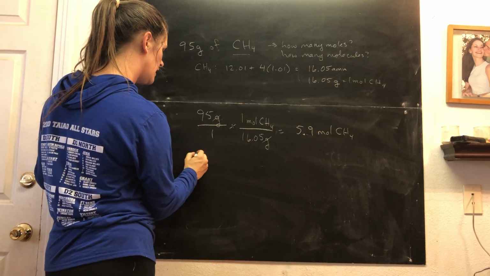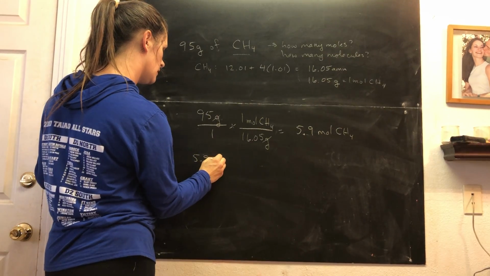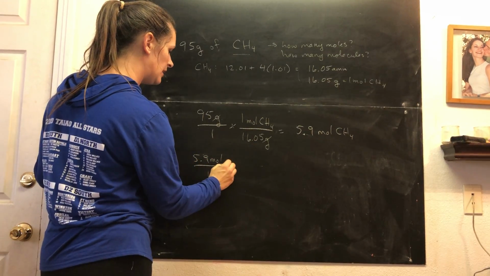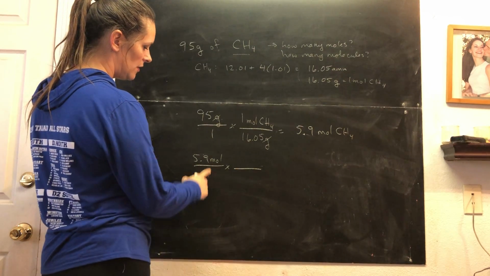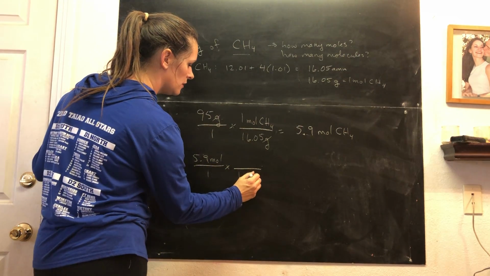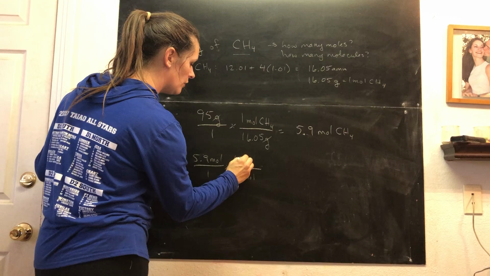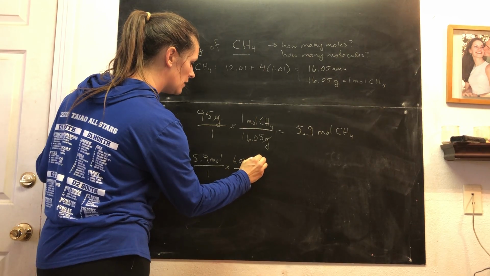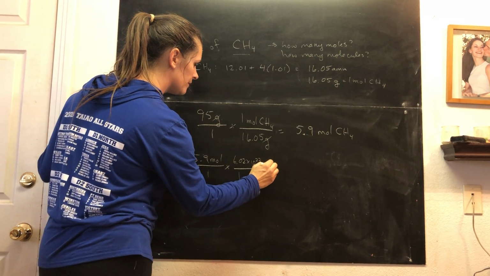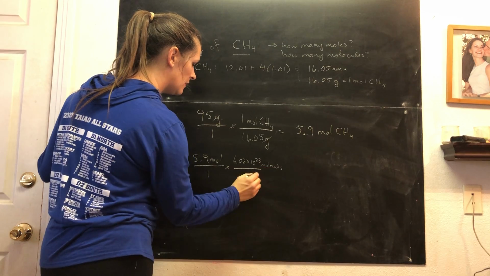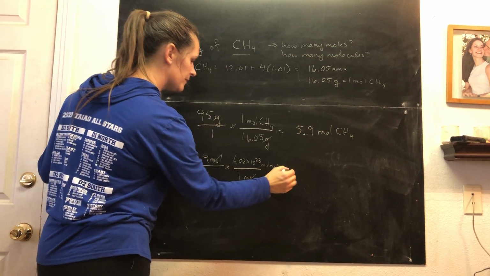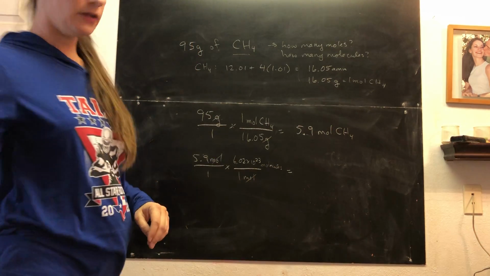So I write down what I have. Put it over 1, make a times and a fraction. Now I know that in 1 mole, there are 6.02 times 10 to the 23 molecules. So I can cancel out my moles. My remaining unit is molecules.